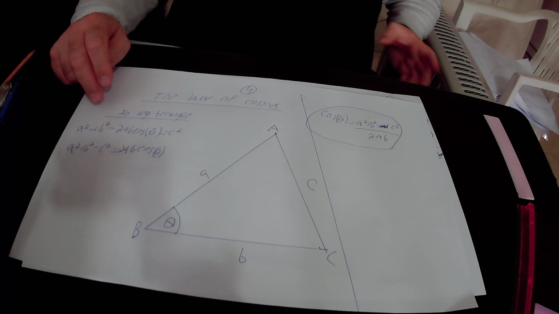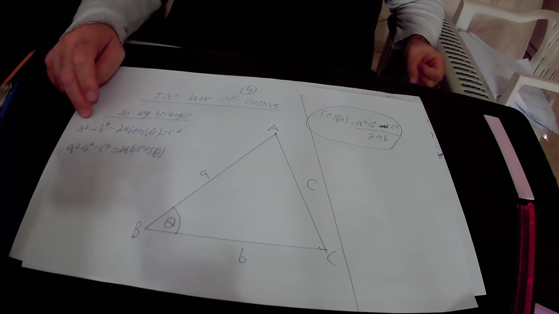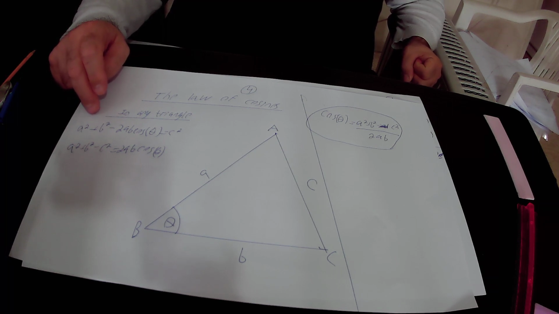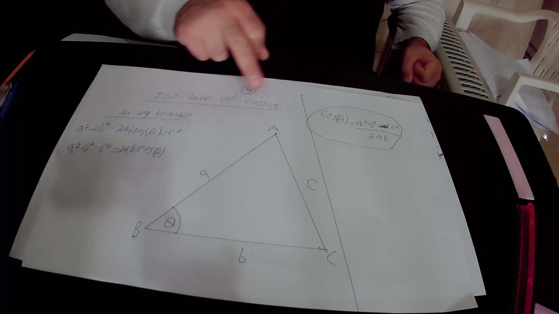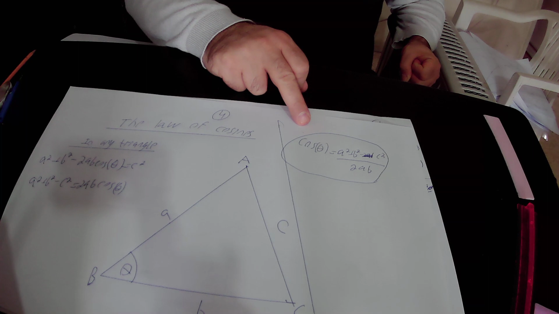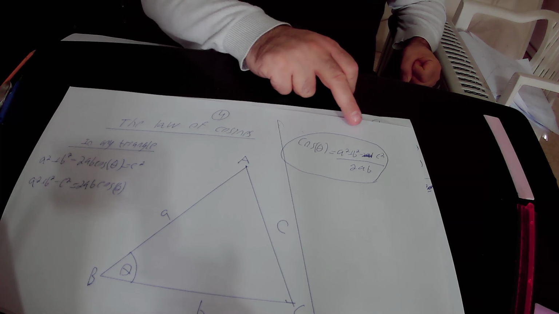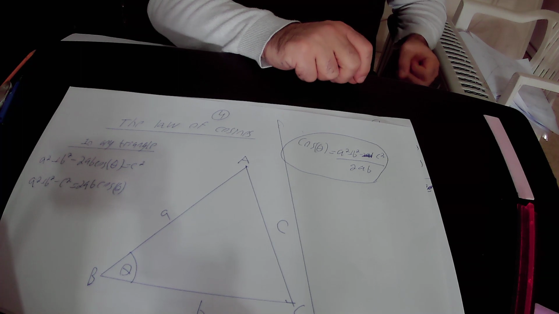We subtracted C squared and added 2AB cosine theta to this equation, and we got A squared plus B squared minus C squared equals 2AB cosine theta. We divided this equation by 2AB, and we got cosine theta equals A squared plus B squared minus C squared over 2AB. This equation is true in any triangle.